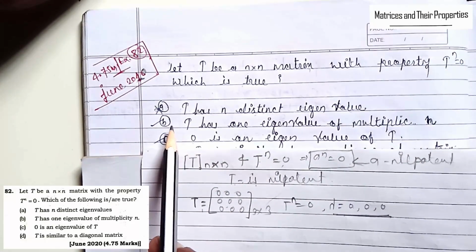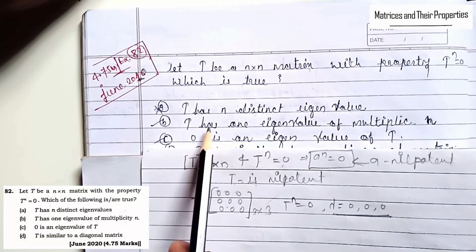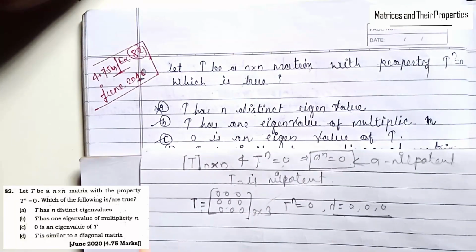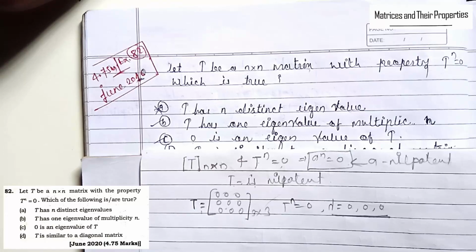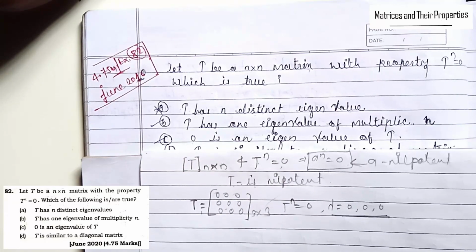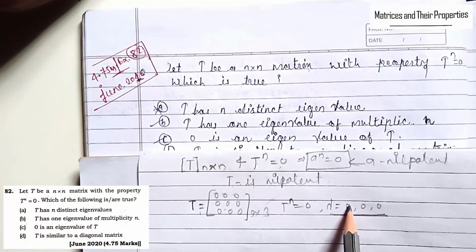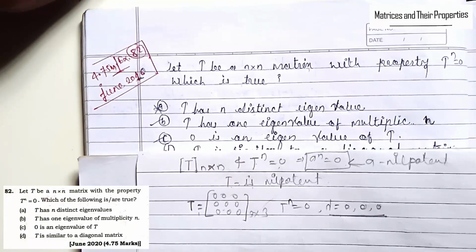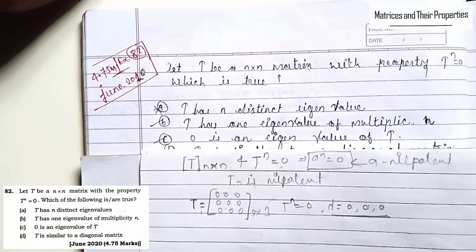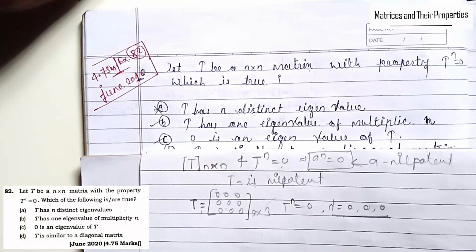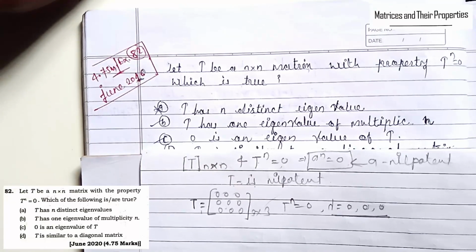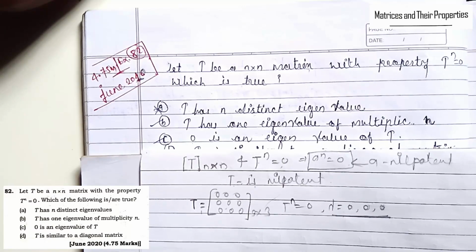Now let's move to the second option, B: T has one eigenvalue of multiplicity n. You may take the same example. T has only one eigenvalue, which has multiplicity n. These are the properties of a nilpotent matrix. If you don't know the properties, you may take a counterexample to check whether an option is true or wrong.